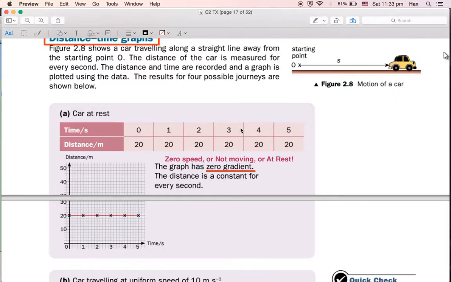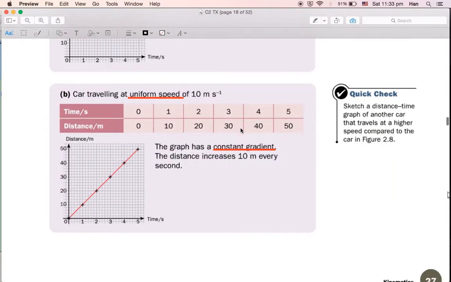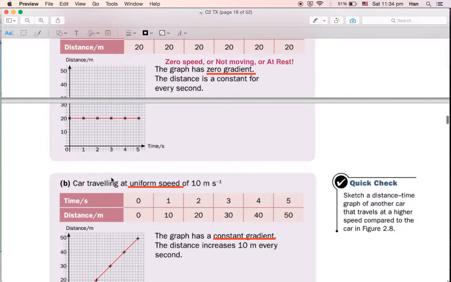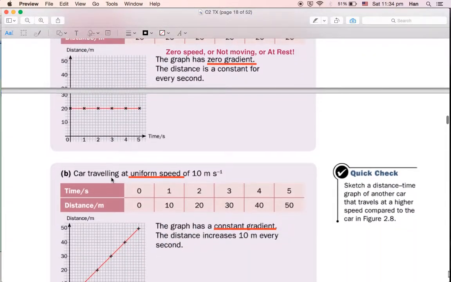Going back to our second scenario in our textbook on page 27, if you go further down, this next one is a car traveling at uniform speed. For uniform speed, same speed, you will see the line has a constant gradient. Sorry about that, I forgot to ask you to highlight this.